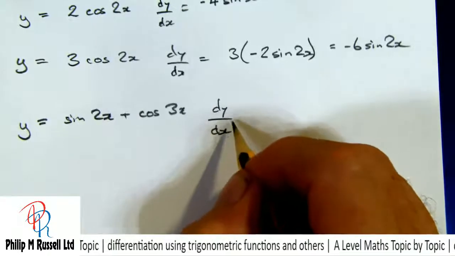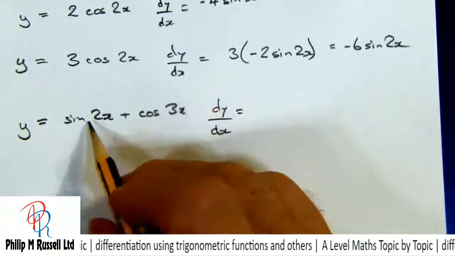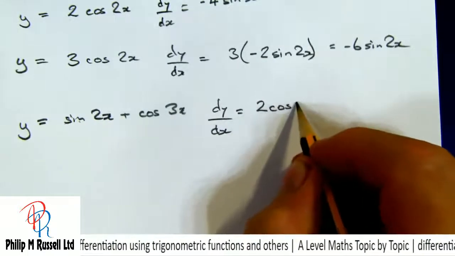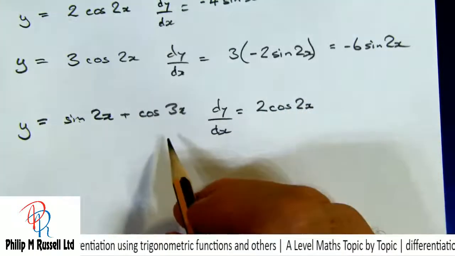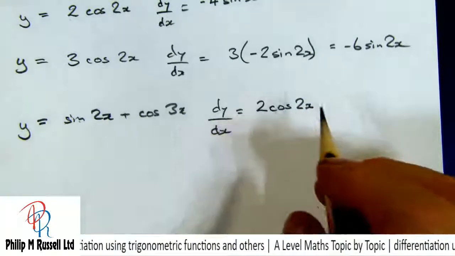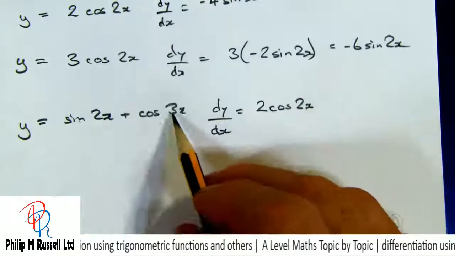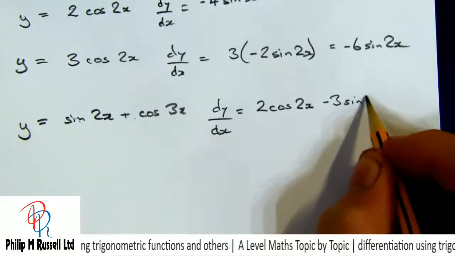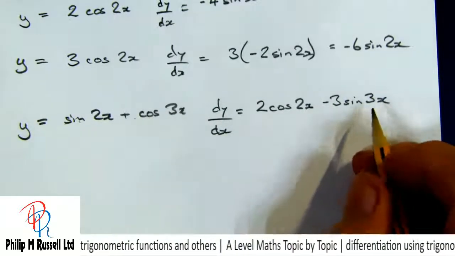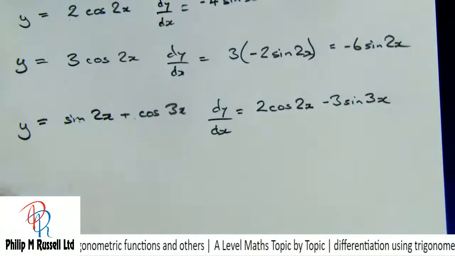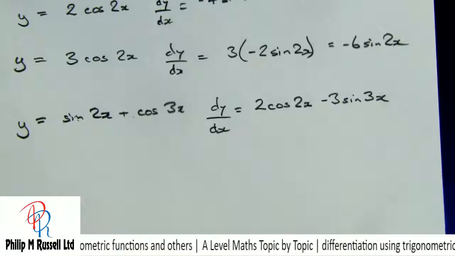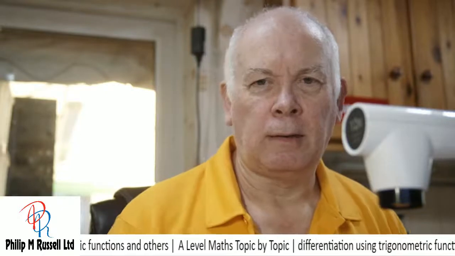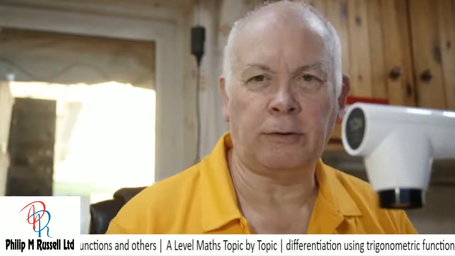So our dy by dx here is going to be 2 cos 2x, and then we'll differentiate the other one separately, which is going to be minus 3 sine 3x. And I hope you agree that they're not that difficult going through most of these little functions. They get more difficult in a minute, but we'll see what we can do about those.